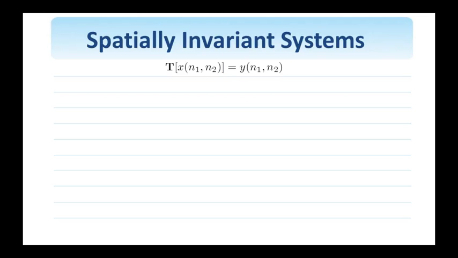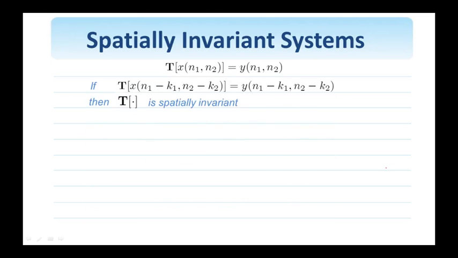Let us consider again a two-dimensional system T. x[n1,n2] is the input, y[n1,n2] the output. For such a system, if when I shift the input by k1, k2, I find that the output is shifted by the same amounts, k1, k2, then the system is spatially invariant.